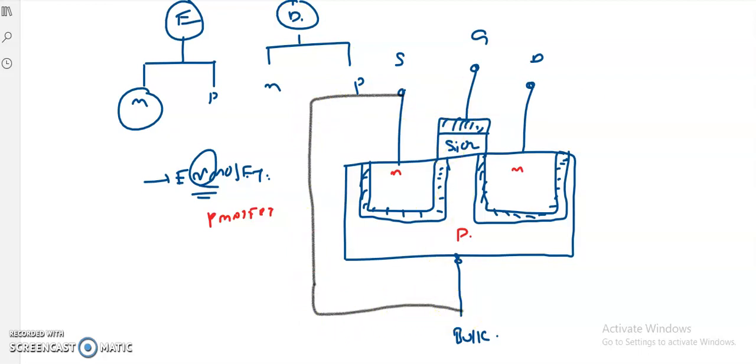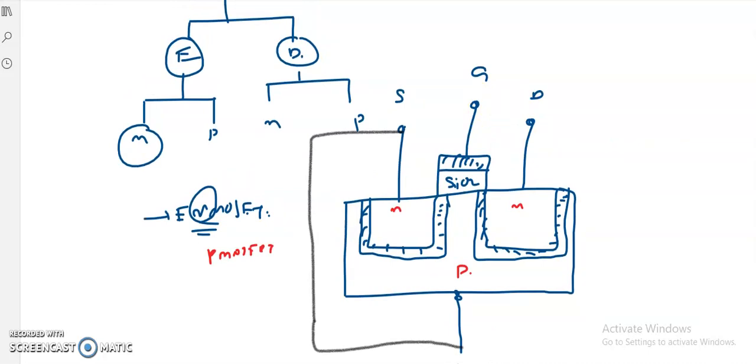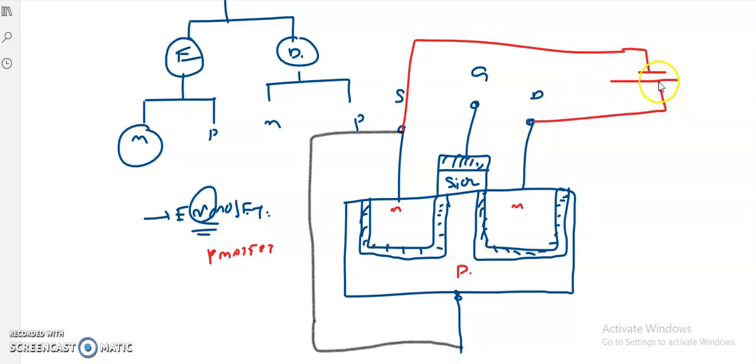Okay, and next, here we are giving some potential difference between the source and the drain. Let's give the negative terminal to the source and the positive terminal to the drain, and give some potential difference. Let's take it as VDD.